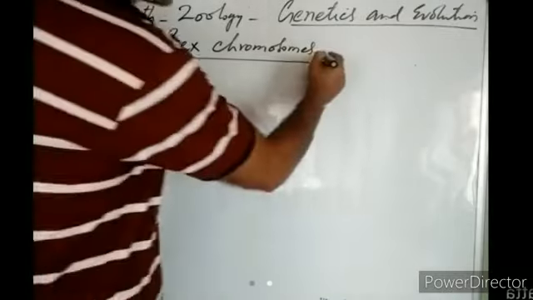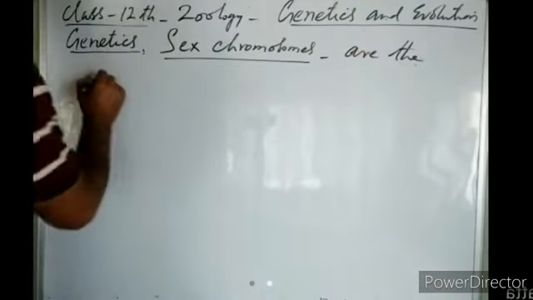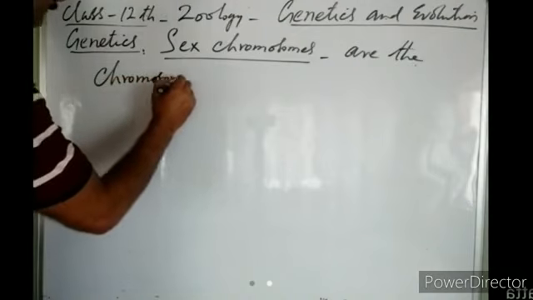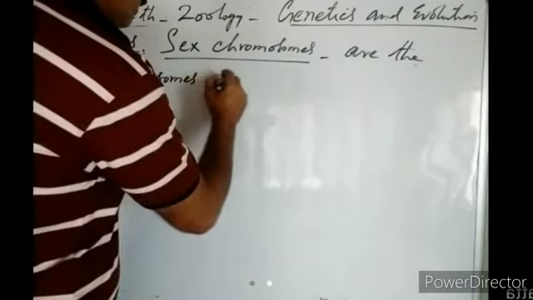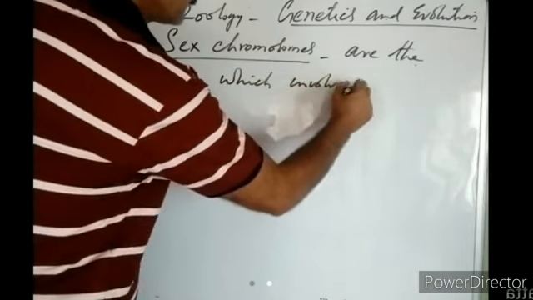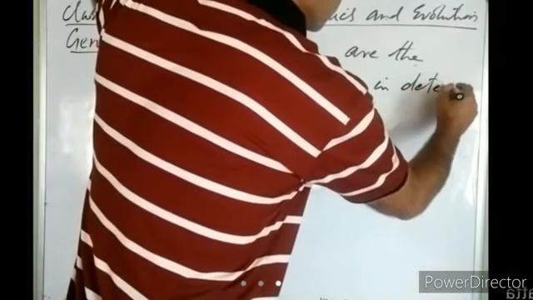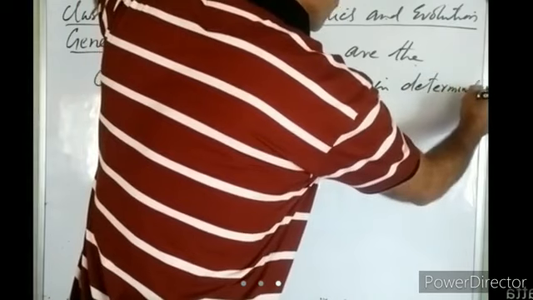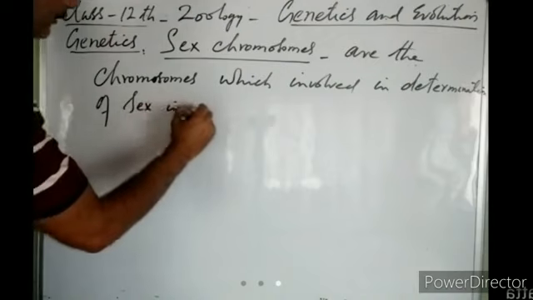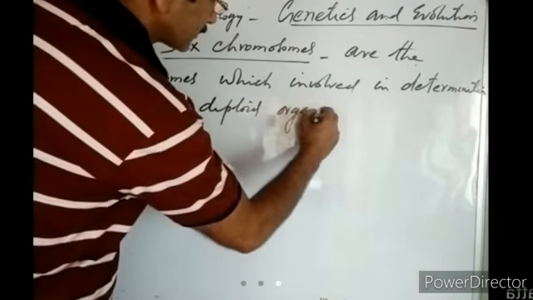Sex chromosomes are the chromosomes which are involved in determination of sex in diploid organisms.